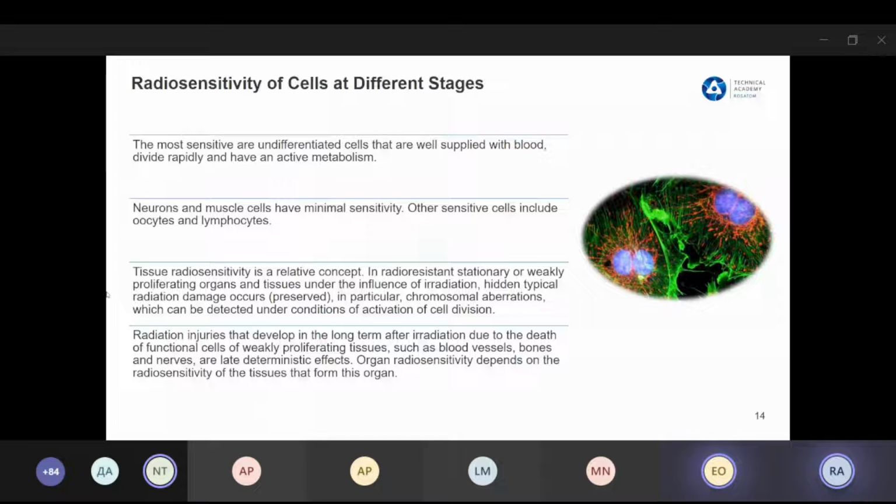Classification of organs by radiosensitivity. The most radiosensitive are lymphoid organs, red bone marrow, gonads, and the small intestine.